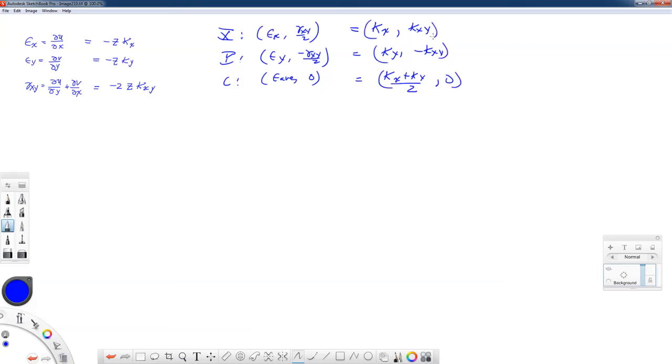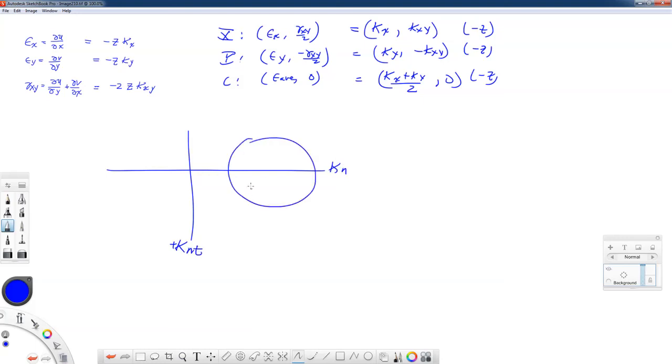We could plot these, and I'll just put in here a minus z multiplying all these terms. With our axes here, this being our normal term and this being our shear term, if we have an off-axis kappa xy term, in general we might be down at this position. This would be our x position, this would be our y position.